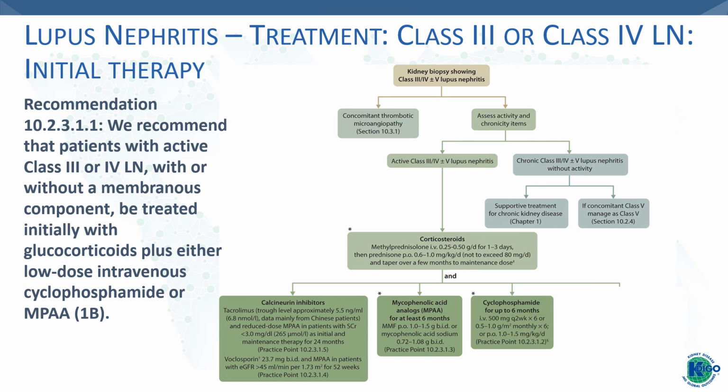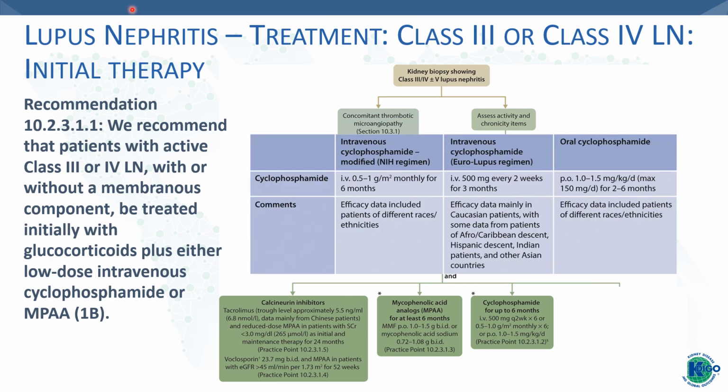Also, we can combine corticosteroids with cyclophosphamide for up to 6 months in the form of 3 regimens. The first one, you can give cyclophosphamide intravenous 500 milligram every 2 weeks for 6 doses, or 0.5 to 1 gram per meter square monthly for 6 months, or oral cyclophosphamide 1 to 1.5 milligram per kilogram per day.